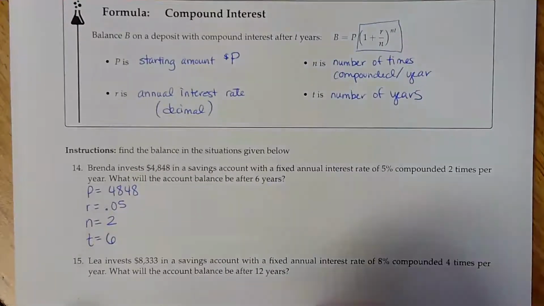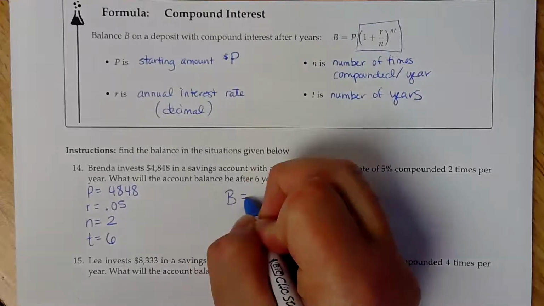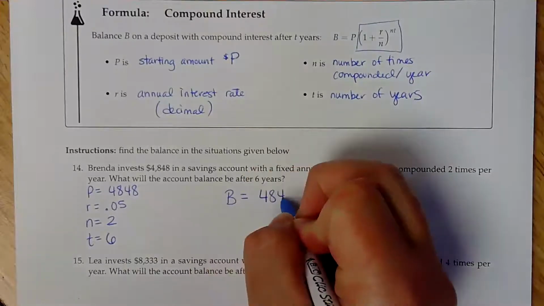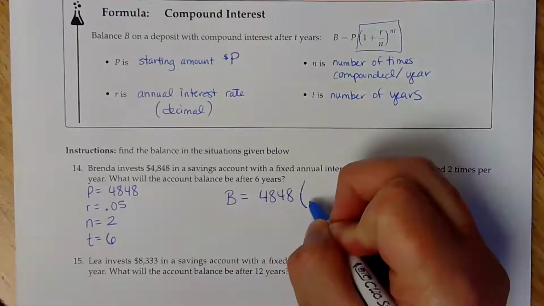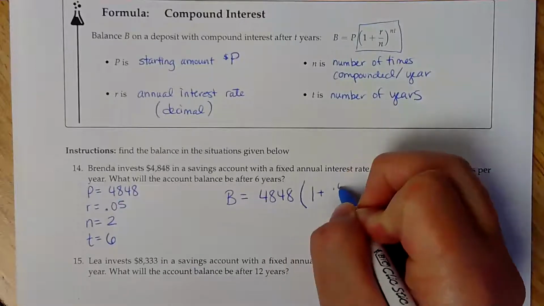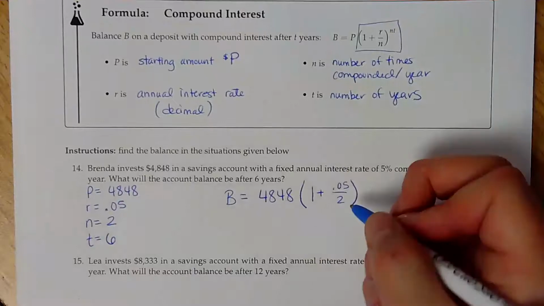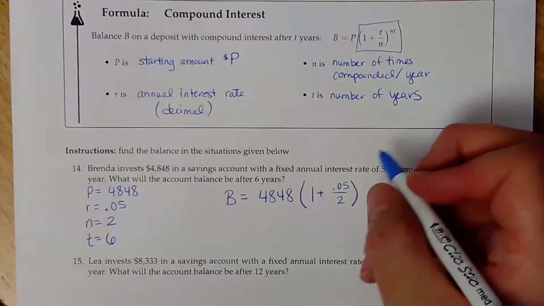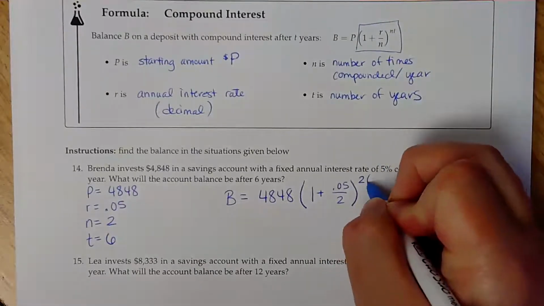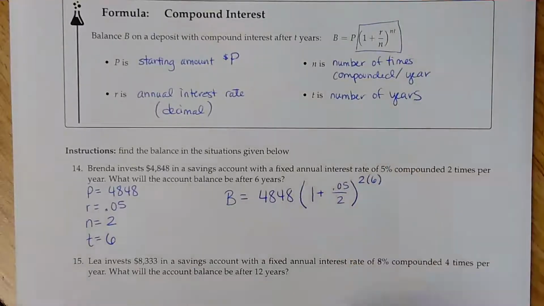I put that in, and I get that the balance is equal to 4848, and then in parentheses, 1 plus 0.05 over 2, close those parentheses, and then it's raised to this exponent that is 2 times 6. So that's our NT there.